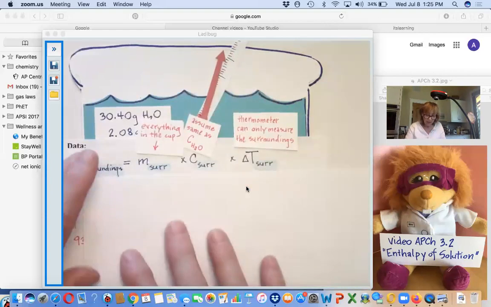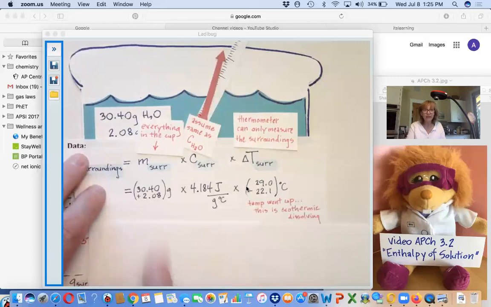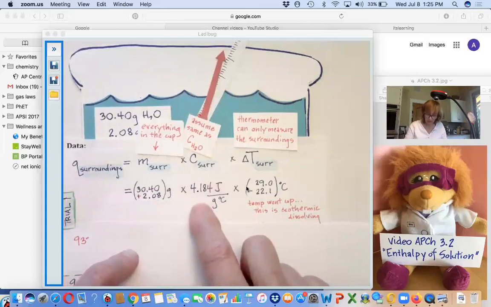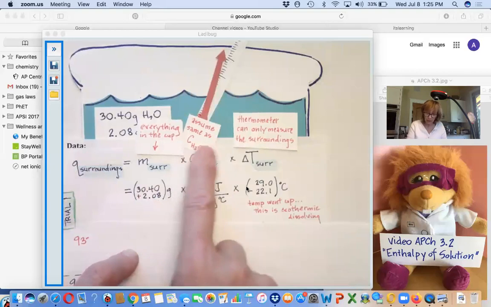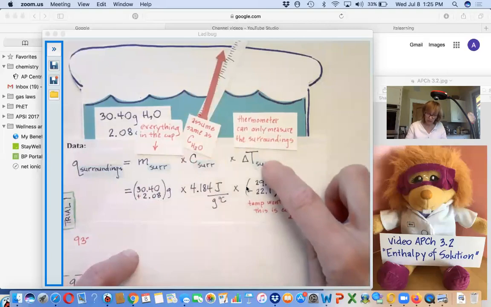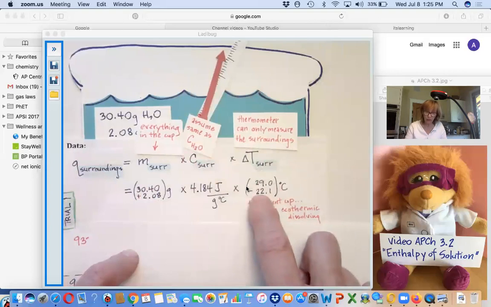So the mass of the surroundings is not simply the water, it's the water and the KOH that we put in there. The specific heat constant, we're fudging a little, but we're going to use the specific heat capacity for water. And then our temperature change is the difference between these two numbers.